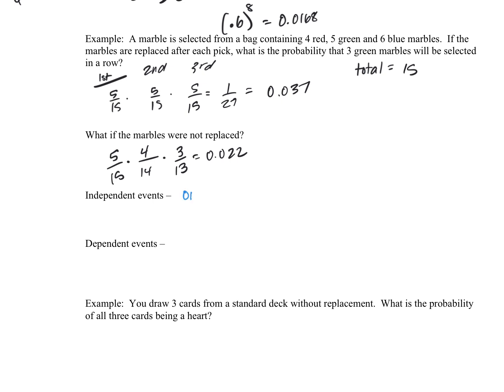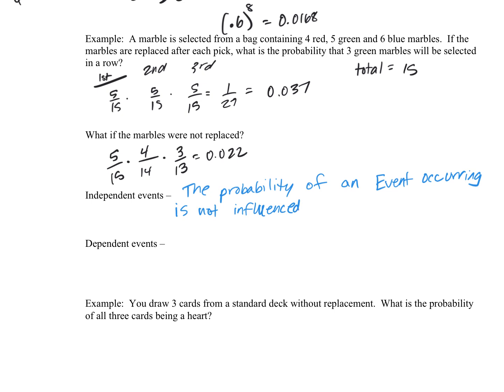Independent events: the probability of an event occurring is not influenced by a previous event occurring.